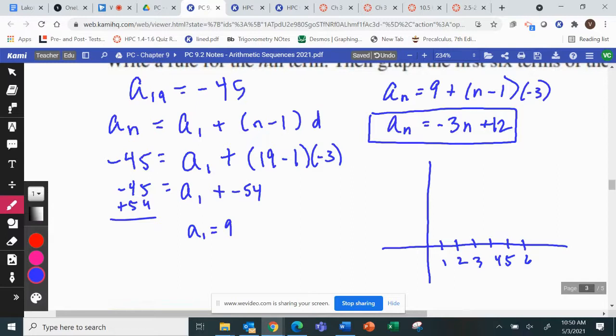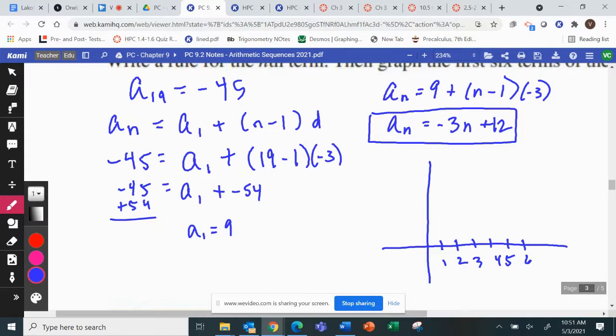Okay. What should I count by on the y-axis, or the a sub n axis? Any ideas? Threes? Maybe. Any other better ideas? What are our answers going to be? First term is 9.